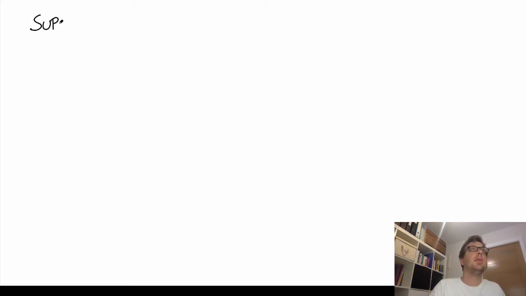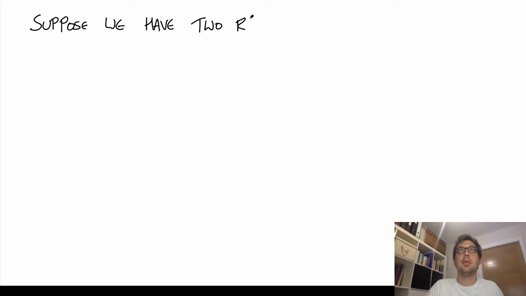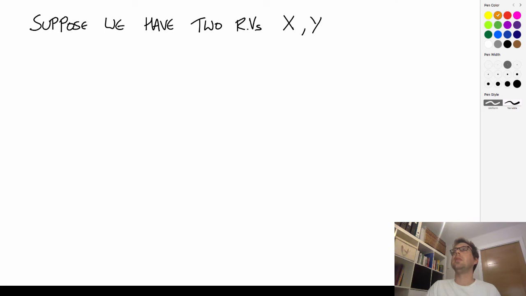Suppose we have two random variables. Use shorthand RV meaning random variables, X and Y. And notice they should both be on the same probability space.